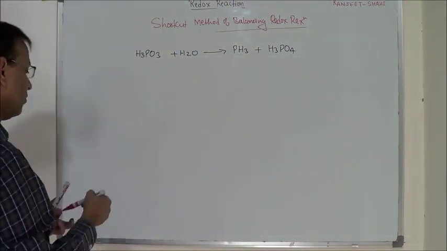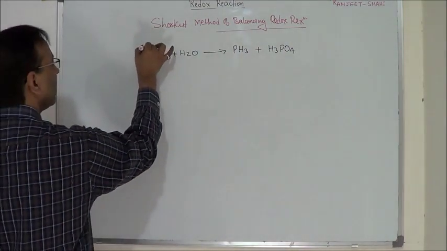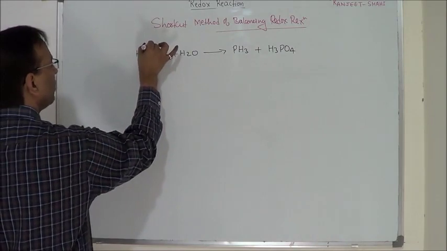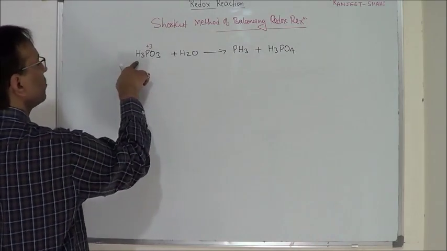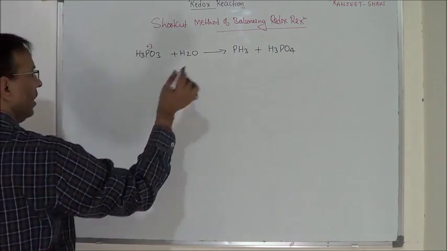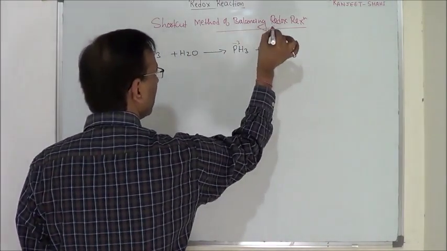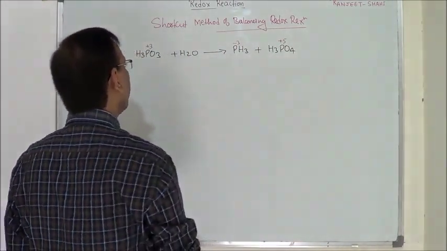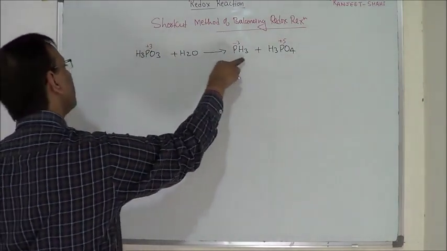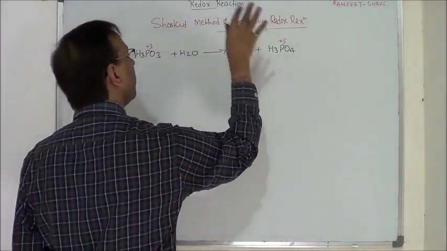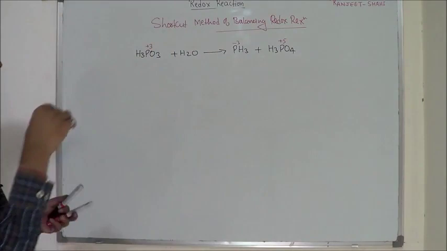If we can see, phosphorus is here in plus 3 oxidation state, minus 6 plus 3 minus 3, so plus 3. Here we have minus 3 and plus 5. Plus 3 to minus 3 reduction, plus 3 to plus 5 oxidation. So it is disproportionation.